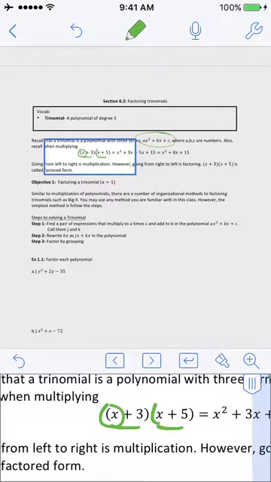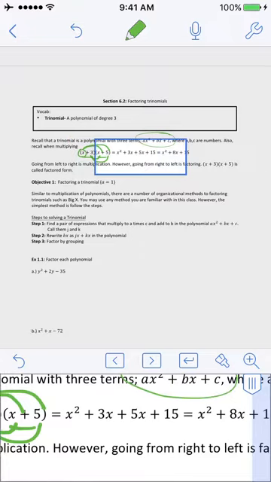Every pair has to get multiplied. Insides and ends, right? So the first ones have to be multiplied. So you first want to multiply x times x and then x times 5. Then you want to multiply 3 times x and 3 times 5. So you eventually get this string of 1, 2, 3, 4 of them, right? If you have a binomial and a binomial, you end up with 4 terms.